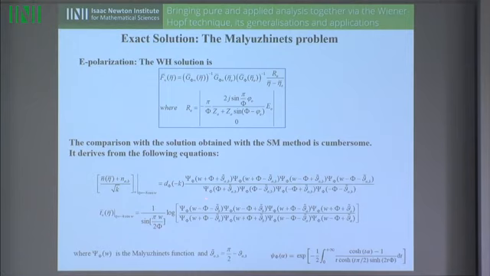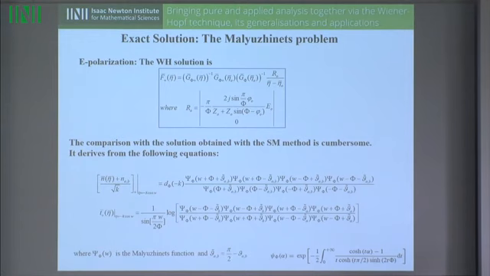After a big mathematical work, we have rephrased this term of factorization into this other, where we have the Malyuzhinets function, theta E and theta B are defined here, and they are connected to the surface impedance.